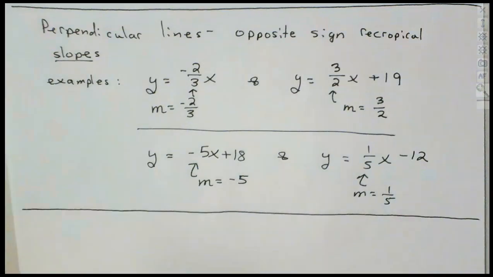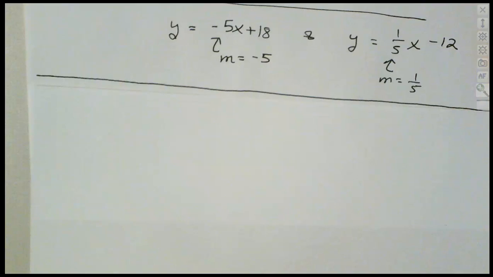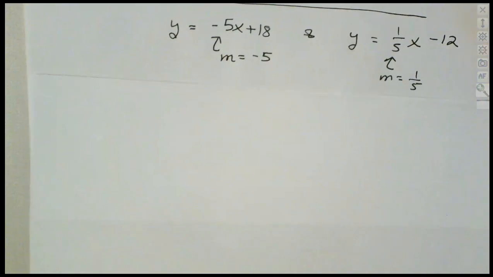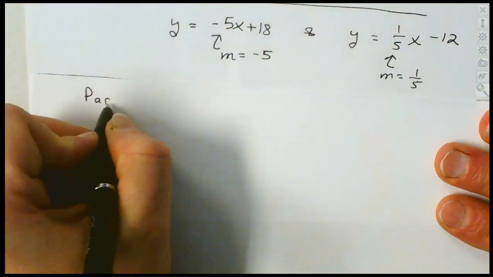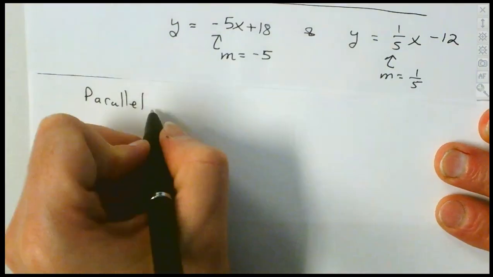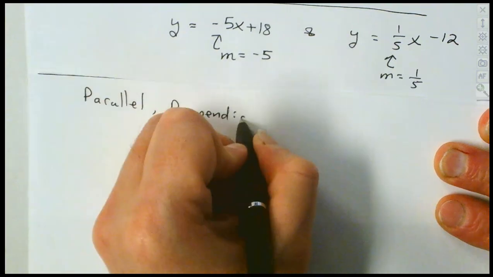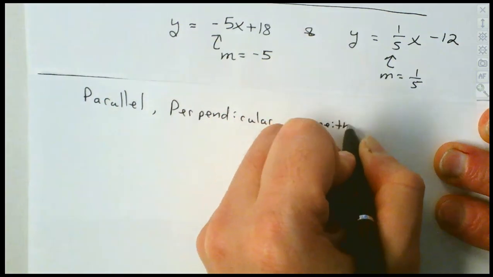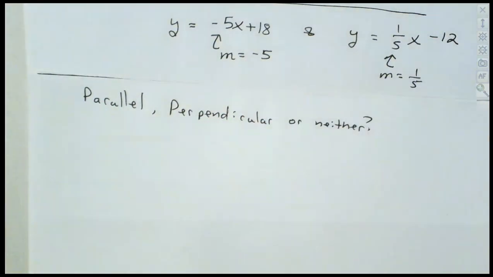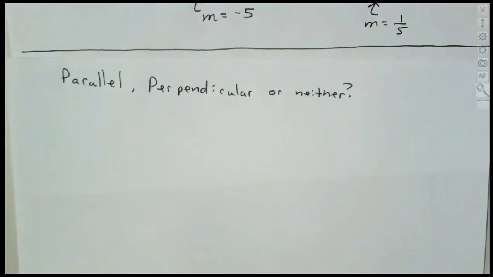Now we're going to look at two lines, and we're going to decide if these are parallel, perpendicular, or neither. So are these lines going to be parallel, perpendicular, or neither?